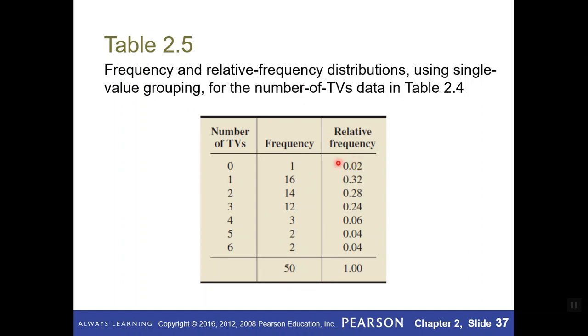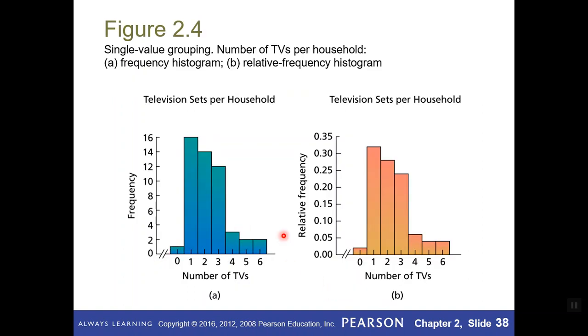When you find the relative frequency, you have to divide each frequency by the total: 1 over 50, 16 over 50, 14 over 50, here 2 over 50. When you add these relative frequencies together, it is equal to 1. Now you can use frequency or relative frequency. This is a perfect drawing of a histogram. See this on the left hand side, histogram.